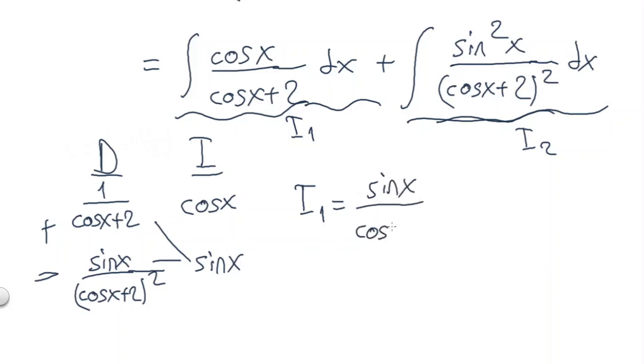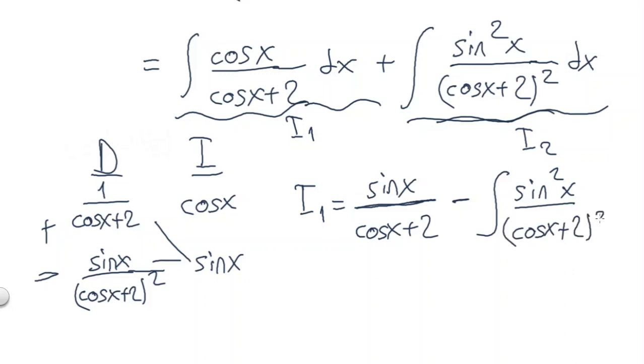I made this mistake also when I was solving. I just don't learn from my mistakes. And for this one, it will be minus the integral of sine squared x over cosine x plus 2 squared dx.